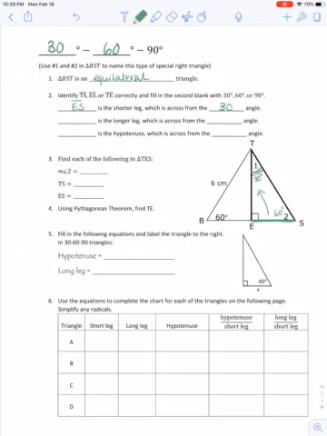Remember how we said that the smaller sides are across from the smaller angle, and so on. So the longer leg, not the longest side, but just the longer leg, is going to be TE, and that's across from the 60-degree angle. And so that means TS is the hypotenuse, which is always across from the 90-degree angle. So that's just important information for you to have later on. Okay, you need to know what short leg, long leg, and hypotenuse is.